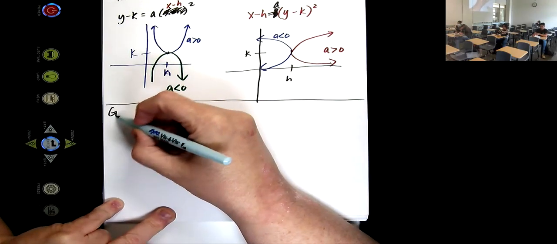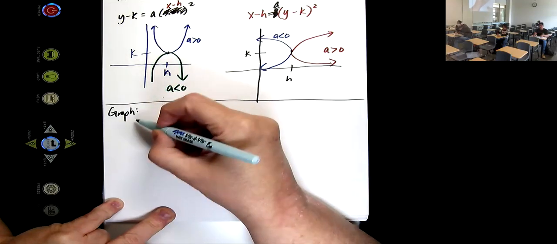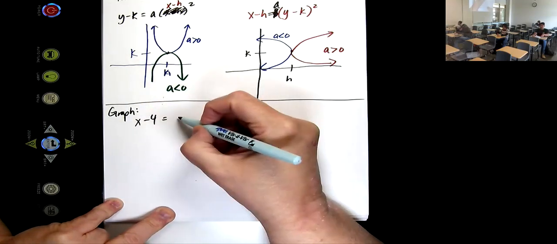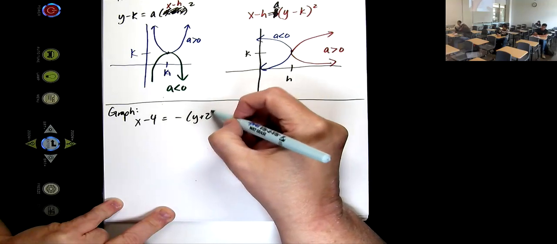Let's graph x minus 4 equals negative y plus 2 squared.